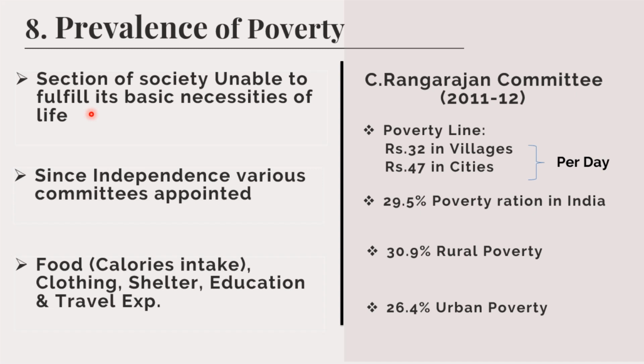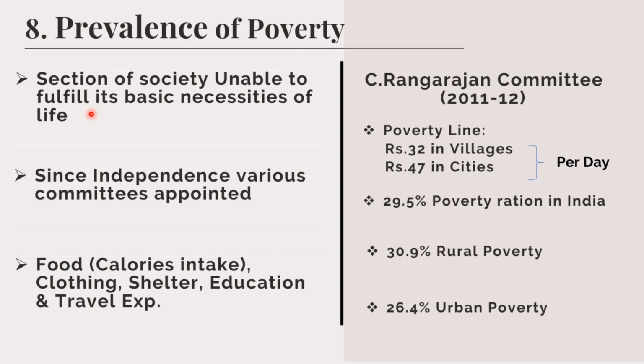used various criteria. The Task Force Committee in 1979 determined the line of poverty and the ratio of poverty on the basis of calorie intake per individual per day. They determined that an individual who is unable to intake 2100 calories in urban area per day is considered as a person living below poverty line.